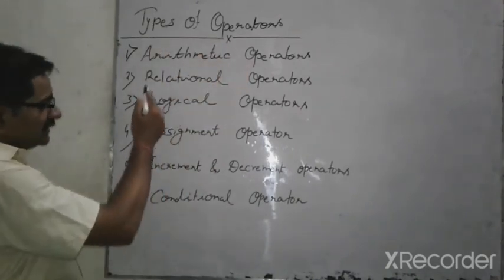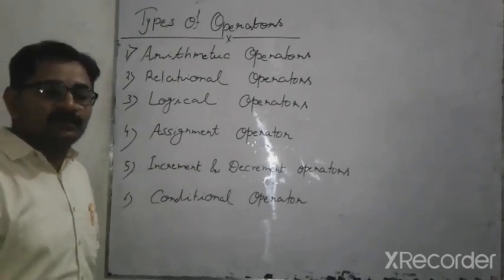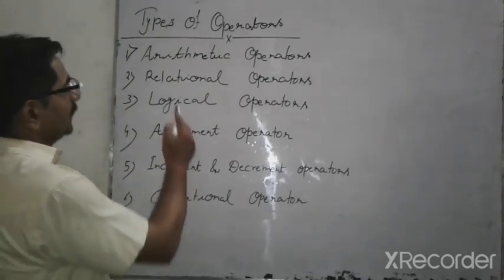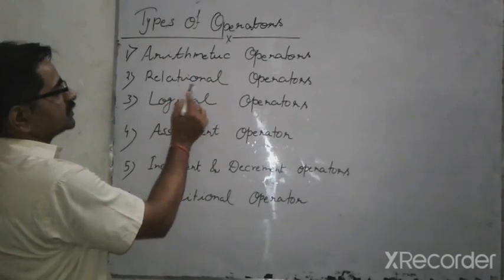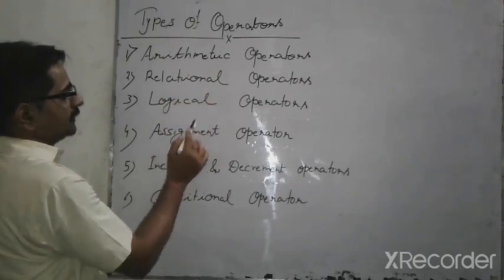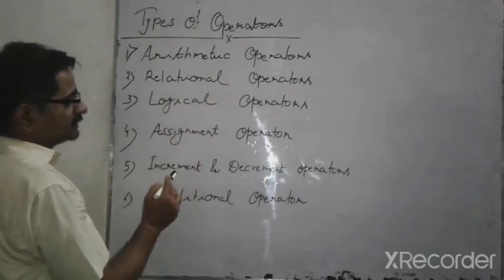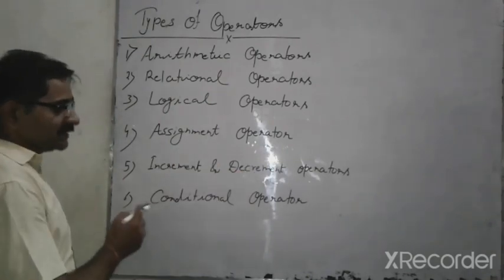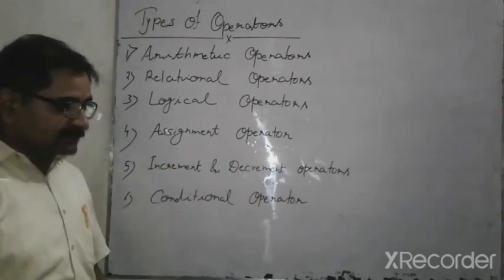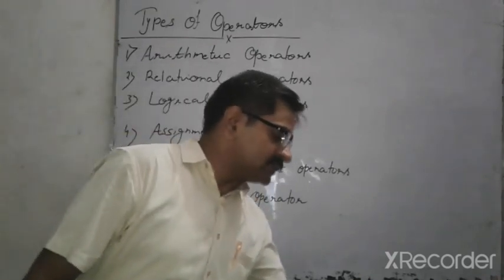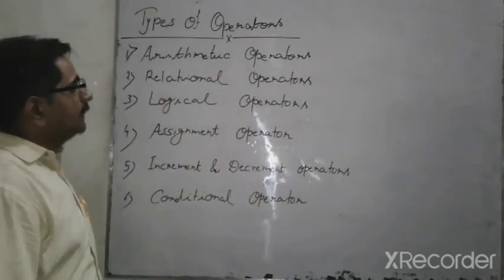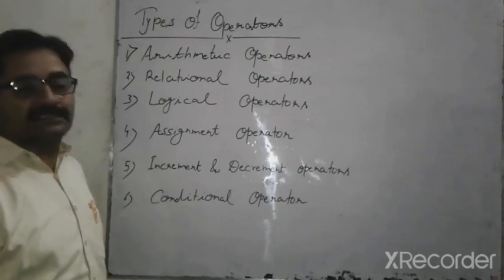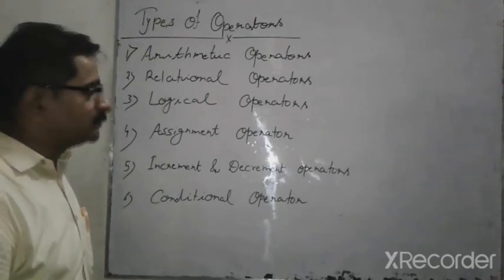There are 6 types of operators, as you are seeing: arithmetic operators, relational operators, logical operators, assignment operators, increment and decrement operators, and last, conditional operators. You have to study these operators, and they are also defined in your textbook.